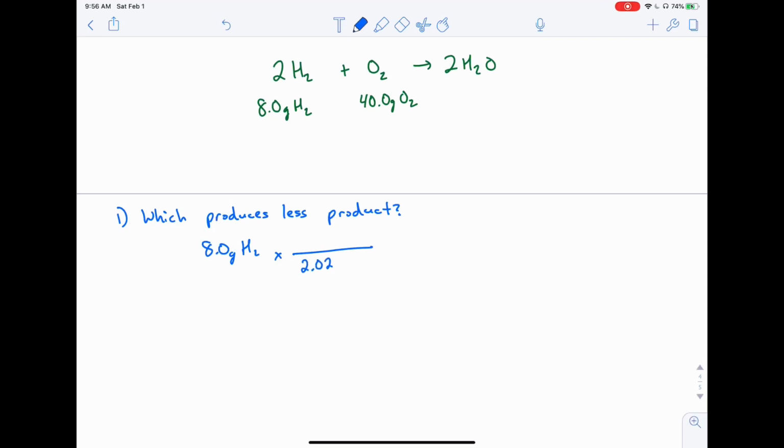So 2.02 grams of H2 is 1 mole of H2, and 2 moles of H2 is equal to 2 moles of H2O. And I get 3.96 moles of H2O.